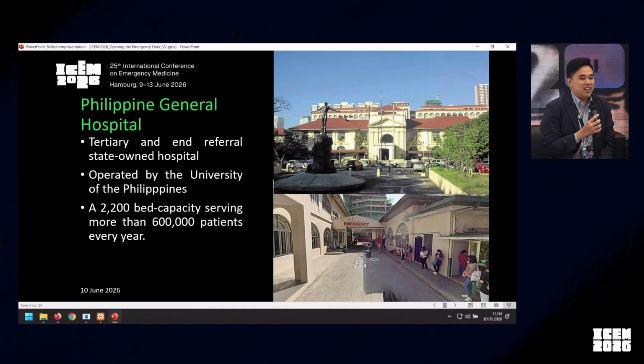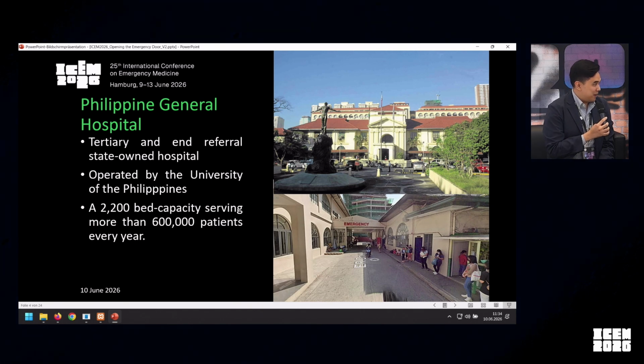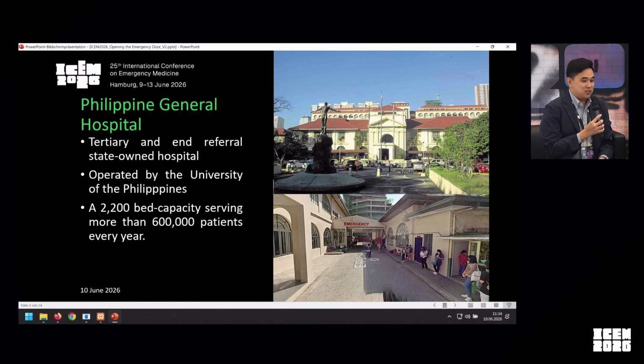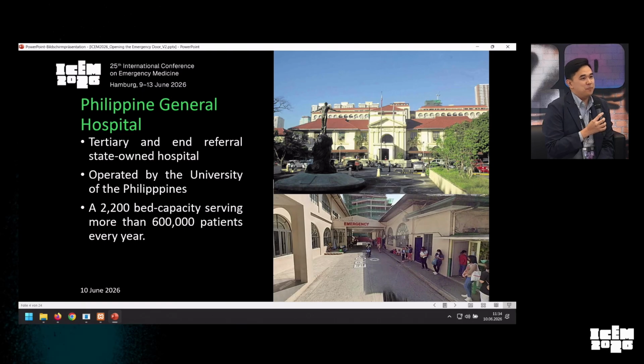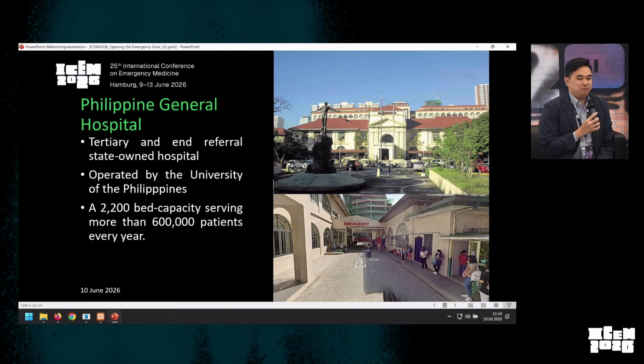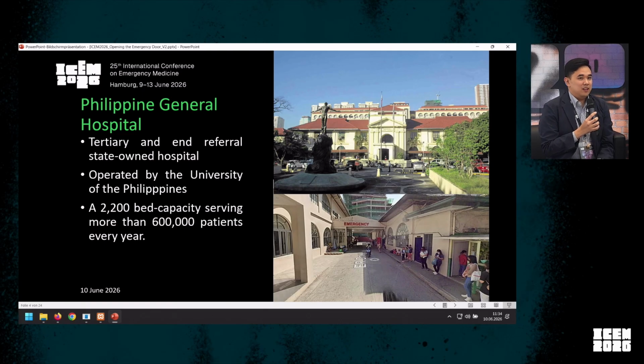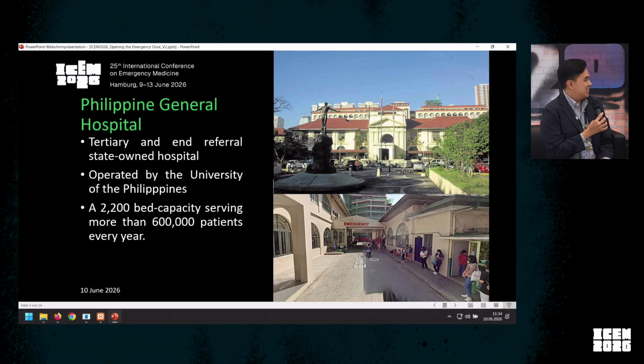It's a tertiary and referral center with about 2,200 bed capacity, serving about 600,000 patients per year. But just to give you an idea, in our cancer center, 55% of our patients were actually stage 4 cancer patients.